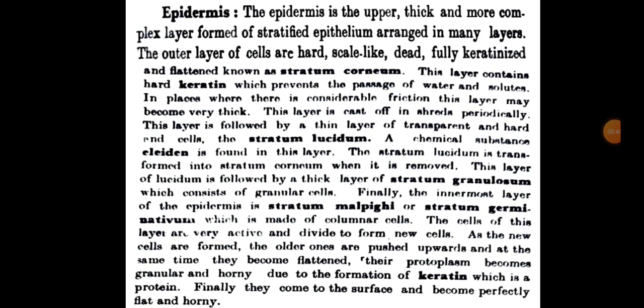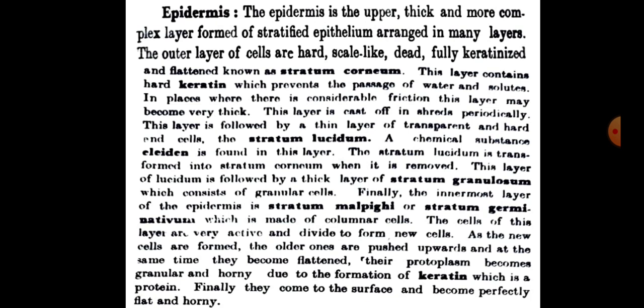Epidermis. The epidermis is the upper, thick and more complex layer formed of stratified epithelium arranged in many layers. The outer layer of cells are hard, scale-like, fully keratinized and flattened, known as stratum corneum. This layer contains hard keratin which prevents the passage of water and solutes.